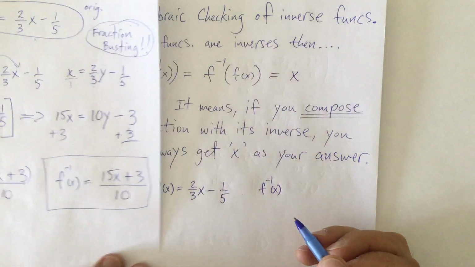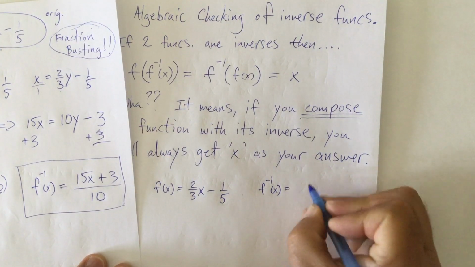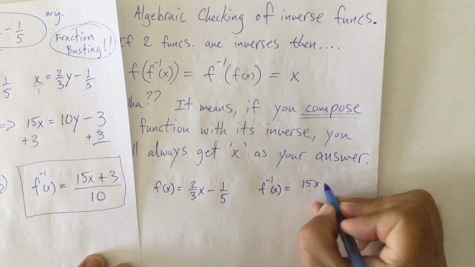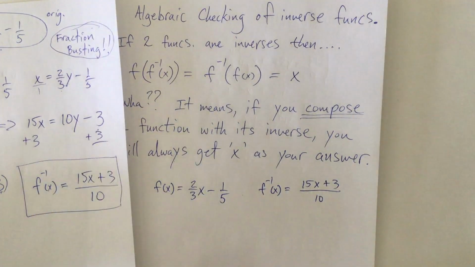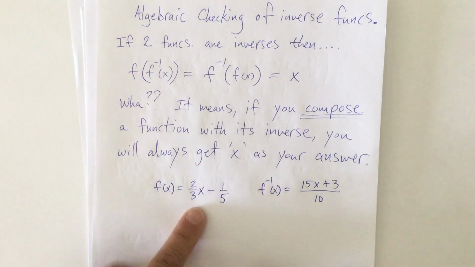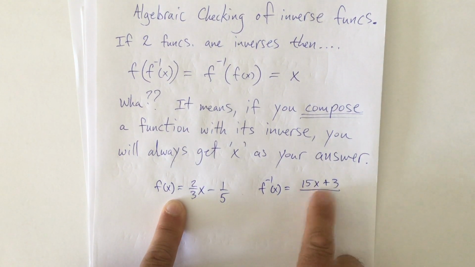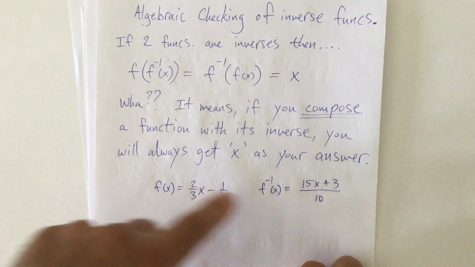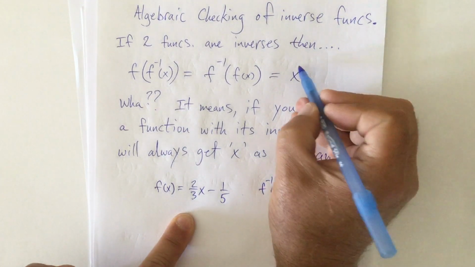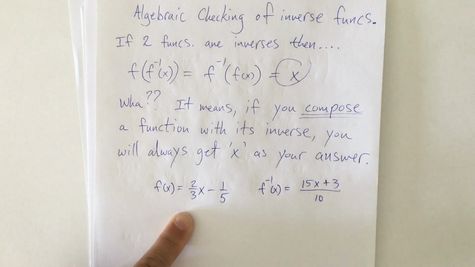I'm just taking example 3. What did I get? I got 15x plus 3 over 10. Now, if I plug this function into this one, or vice versa, I will get the answer x.